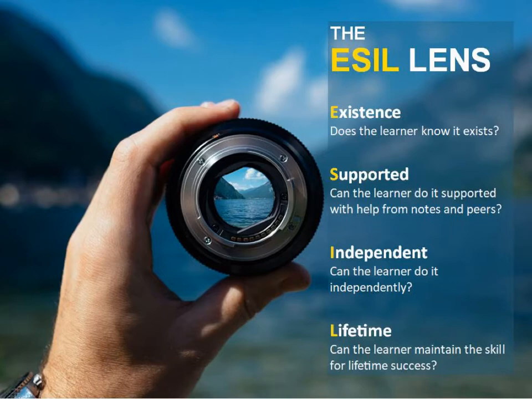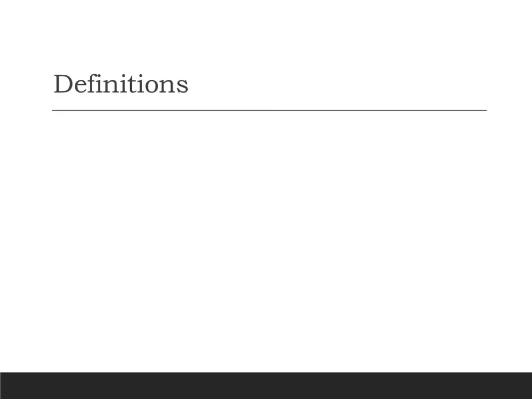A lot of what we do in Chapter 5 will be supported. A couple of things will be independent, and there are one or two things that we'll consider lifetime skills. So just keep that in mind. I'll continue to show this slide just so that you all can become familiar with it.